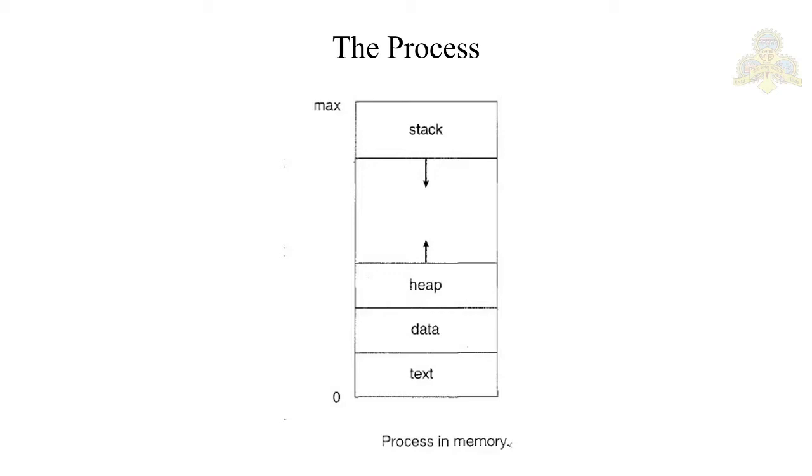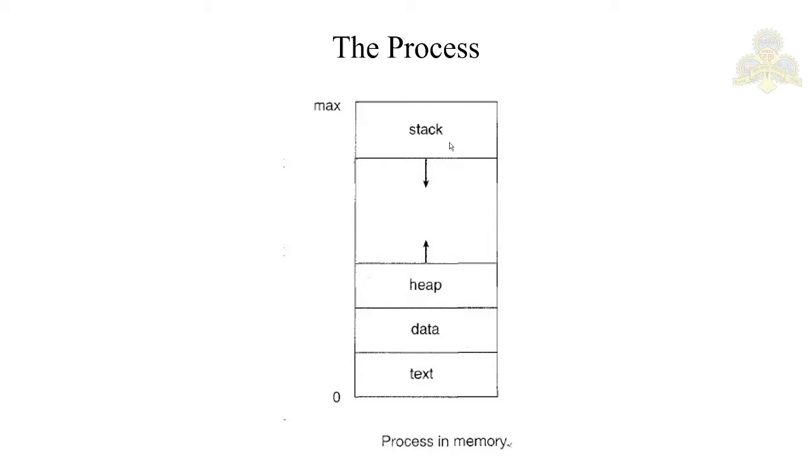And this is how your process looks whenever it is in the memory. When a program is loaded into the memory, it becomes a process and it can be divided into four sections. That is stack, heap, data, and text. This is how your program looks whenever it comes and sits in the main memory.